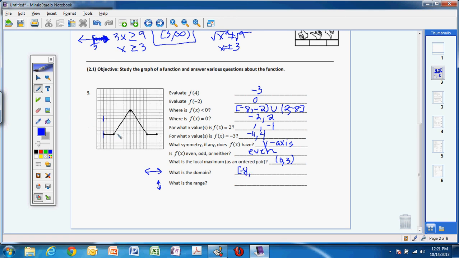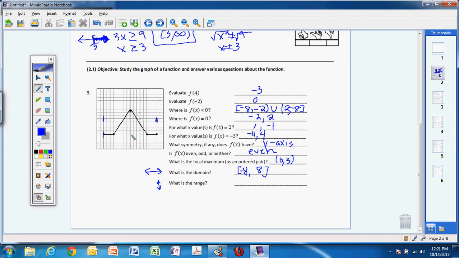Then I have ordered pairs all the way over till here, where the x value is 8. So from when x is negative 8 until when x is 8, that is my domain. Because those are all the possible x values I can plug in and actually produce my graph. And then similarly for range, this is the lowest point of my graph to the highest point of my graph.